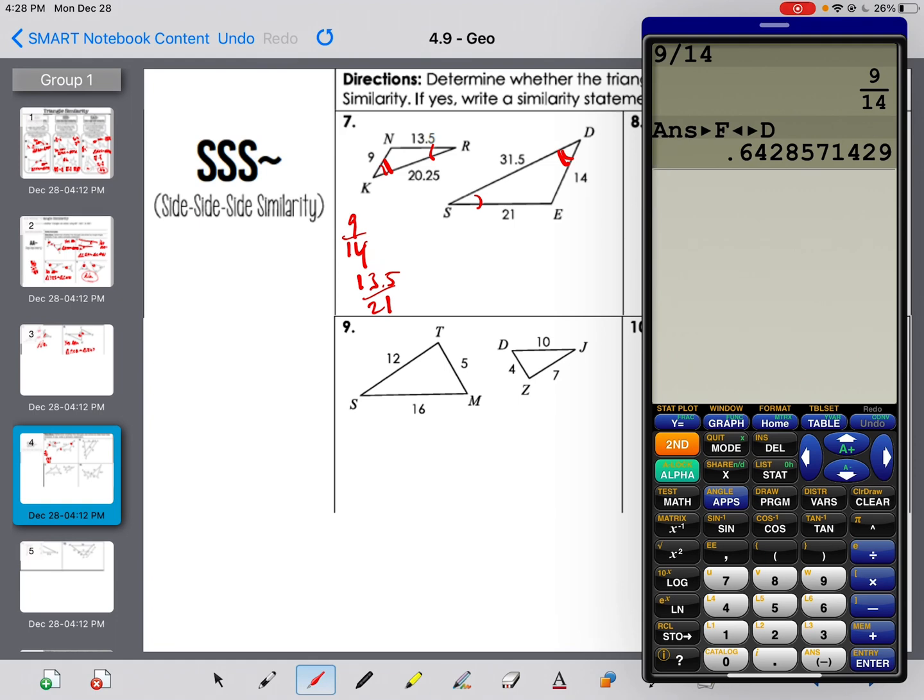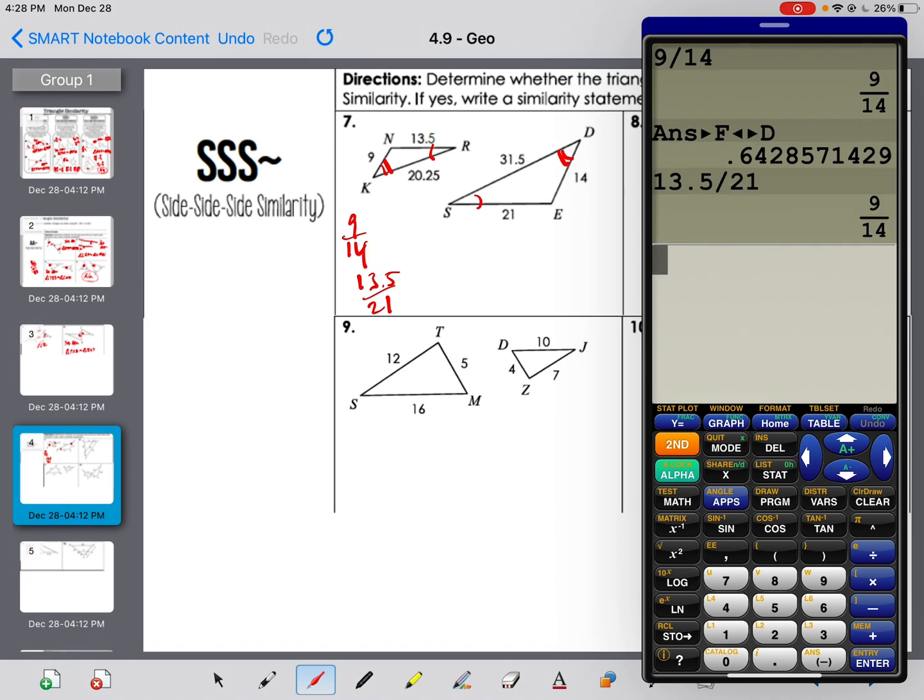Multiply by that thing. They should all turn into the same deal. Well, then let's just do 13.5 divided by 21. Oh, look at that. 9/14 is the reduction on that fraction. 9/14 is 9/14. We need the last set of sides.